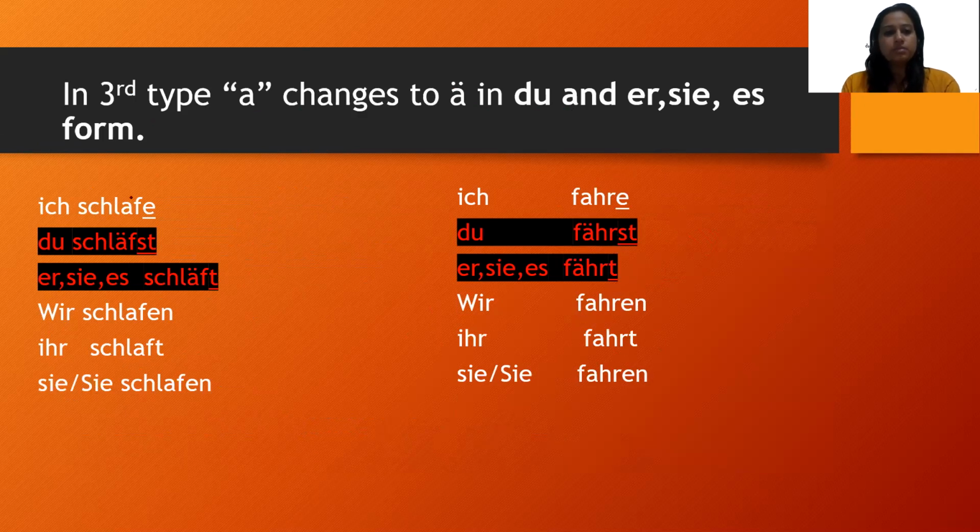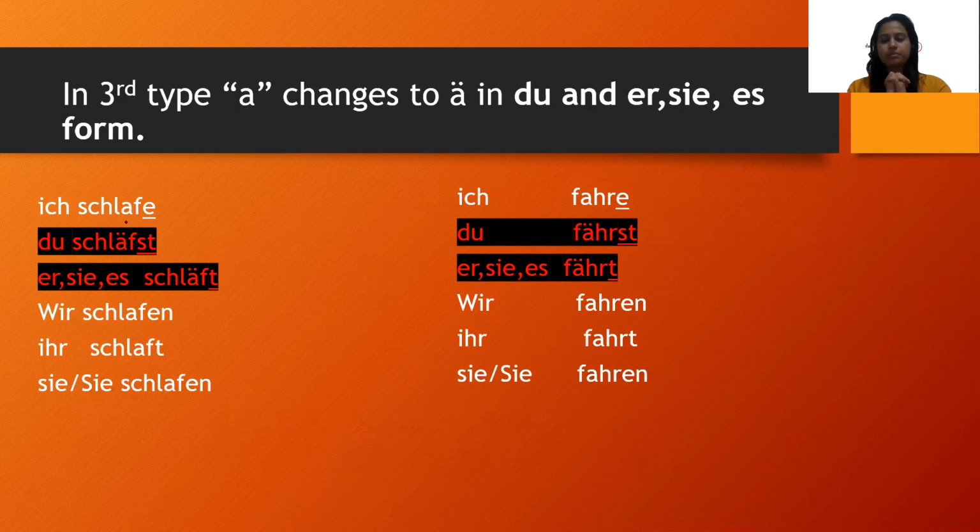So the first verb here is schlafen. Schlafen means to sleep. I'm not going to type it, because I believe that if you are already doing this topic with me, you'll know your basic verbs.